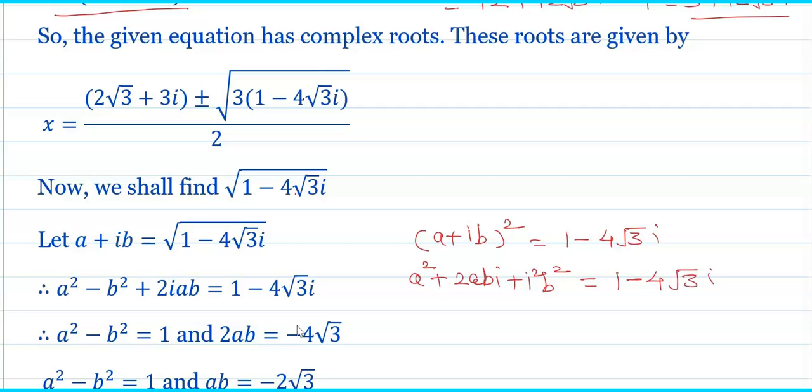But what is the i square b square? i square is minus 1 and therefore you will get a square minus b square plus 2abi, and that is equals to 1 minus 4 root 3i. Again here what will we do?